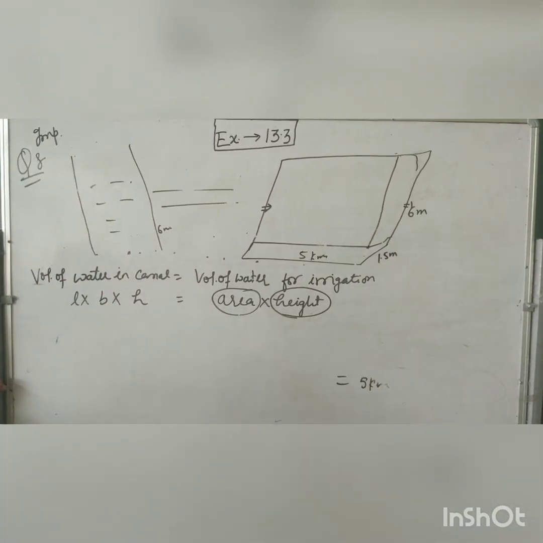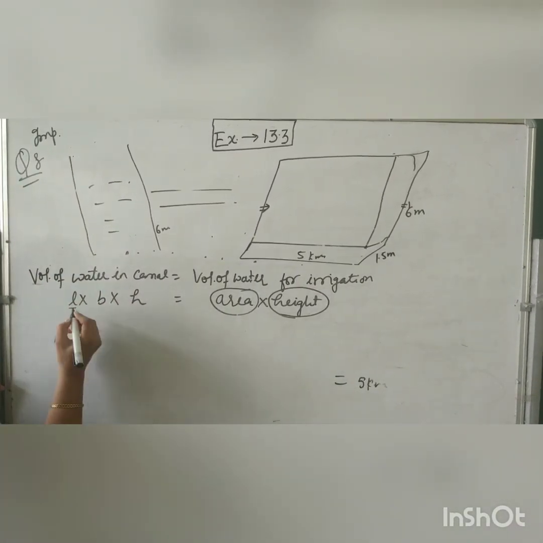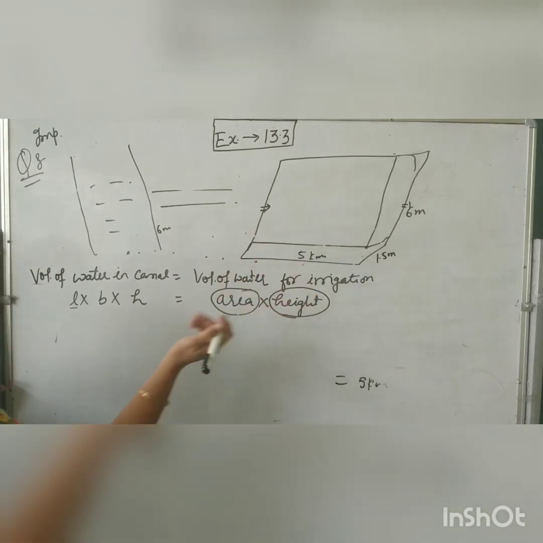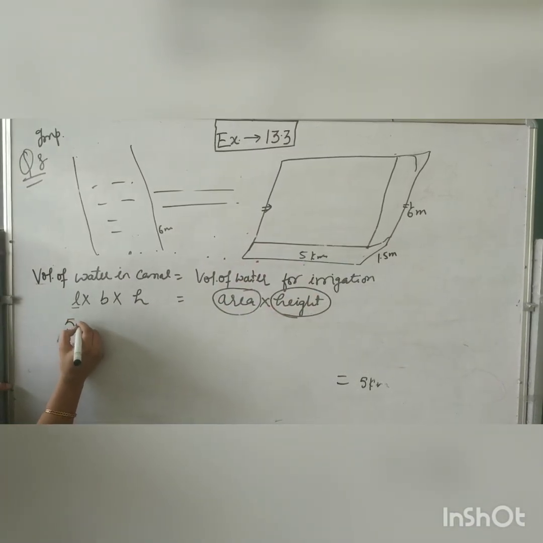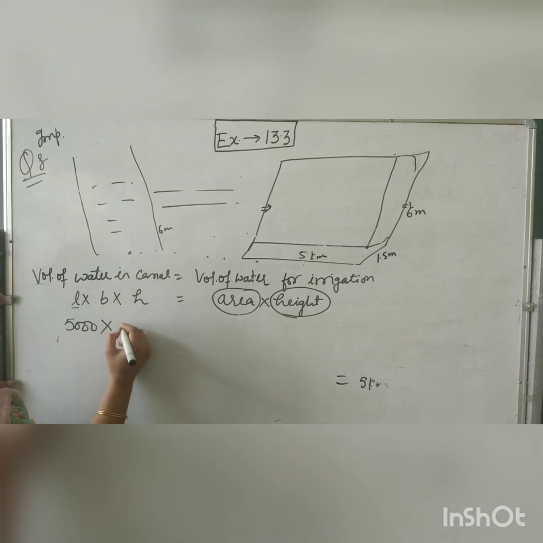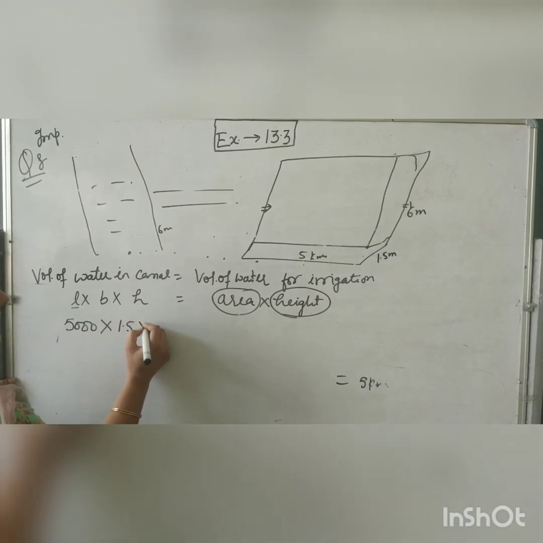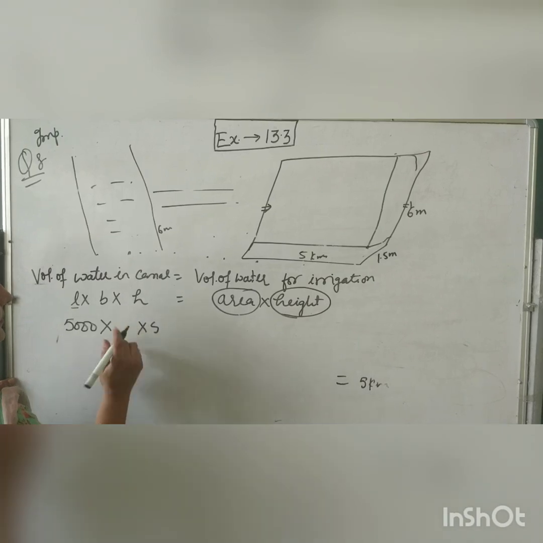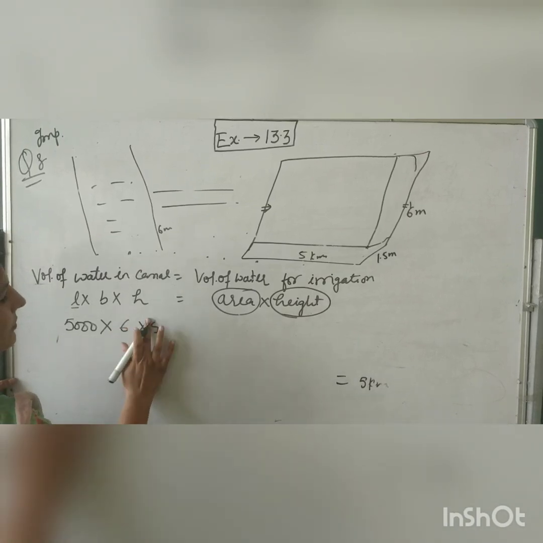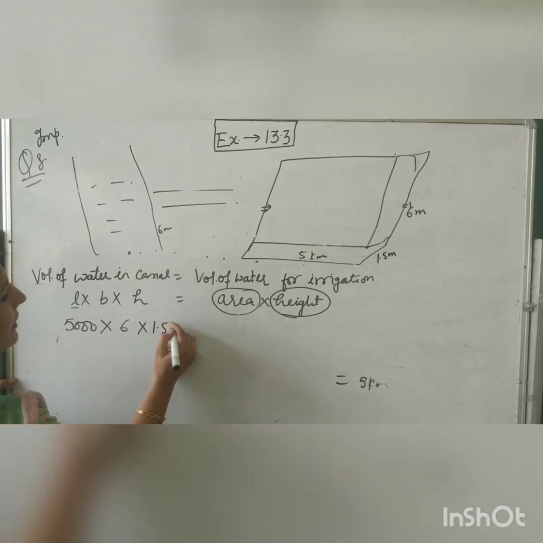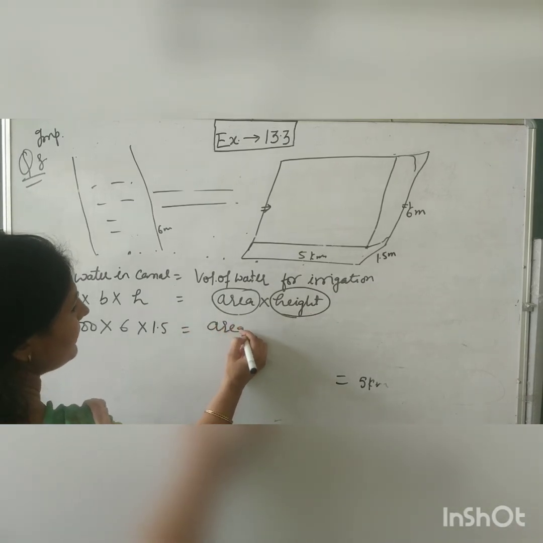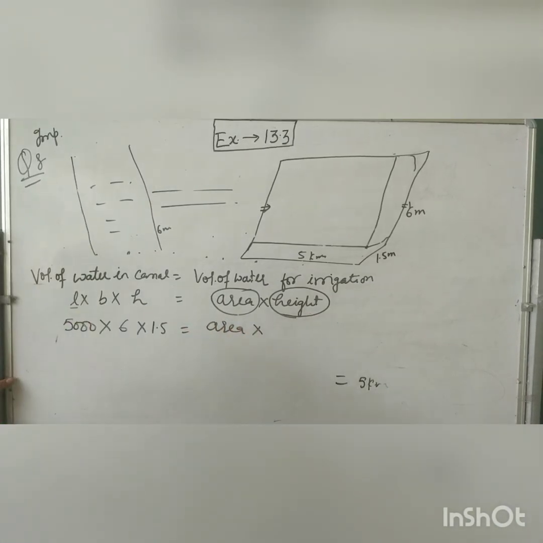So length of canal is 5 km. Convert into meter, it will be 5,000 meter. Breadth is 6 and height is 1.5. Area we have to find, and height is given as 8 centimeter.